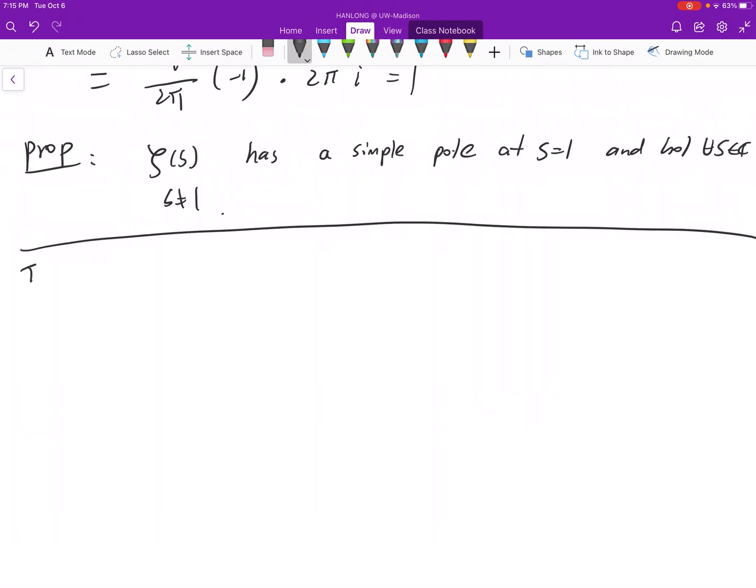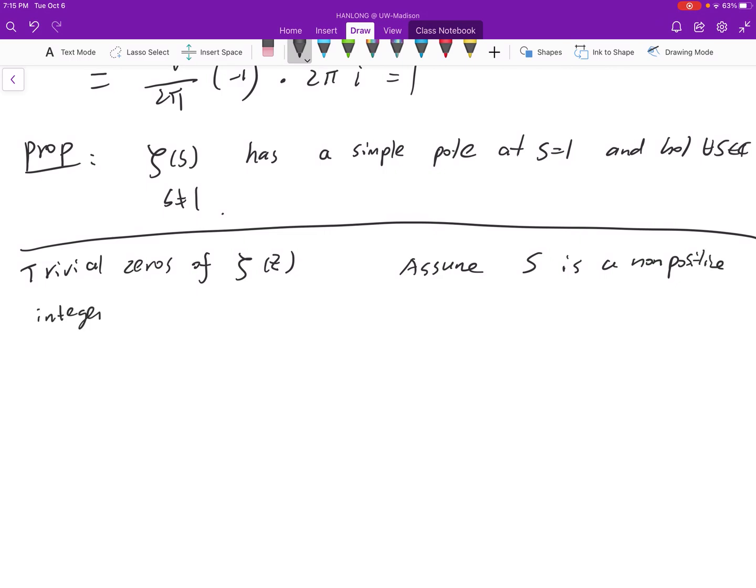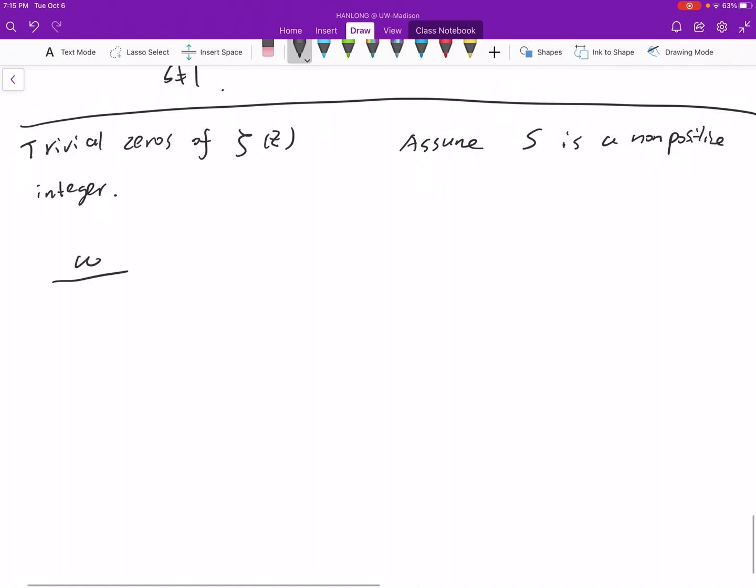Okay, next we are going to determine the so-called trivial zeros of zeta s. So assume s is a non-positive integer. Then we do the expansion of the following function.